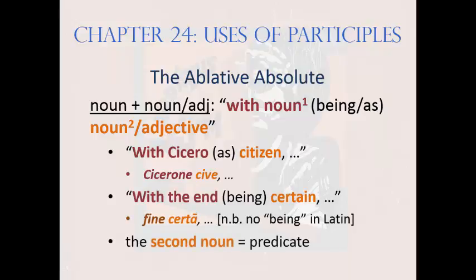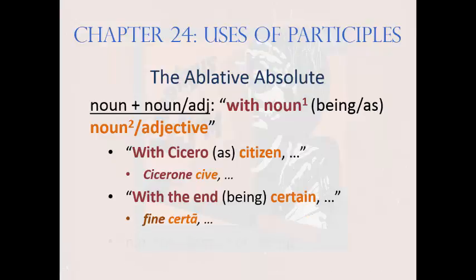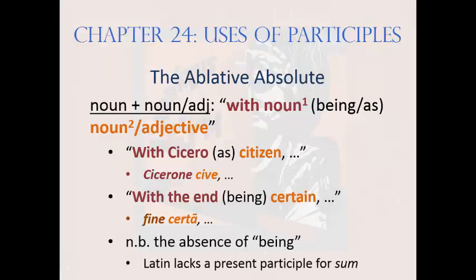The second noun or adjective acts like a predicate nominative, but in the ablative case, because its subject, the thing to which it refers, is ablative by the rules of this construction. This type of ablative absolute would be a minor variation not worth noting in a beginning Latin class if it weren't for the fact that Latin has no word equivalent to being. Without a present participle for sum, the Romans can't say with Caesar being general.